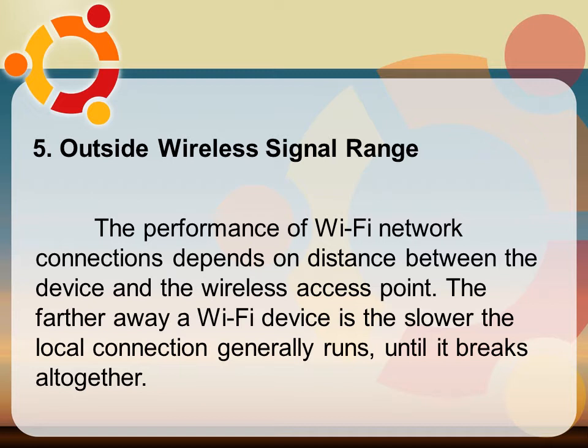Outside wireless signal range. The performance of a Wi-Fi network connection depends on the distance between the device and the wireless access point. The farther away a Wi-Fi device is, the slower the local connection generally runs until it breaks altogether.